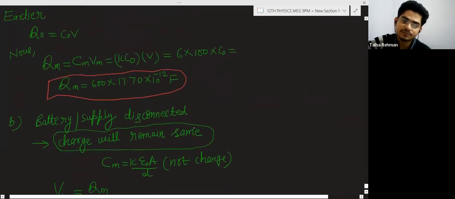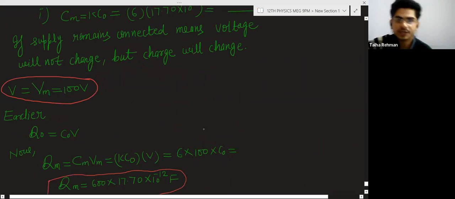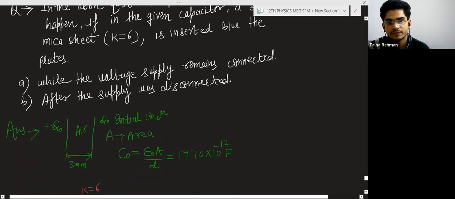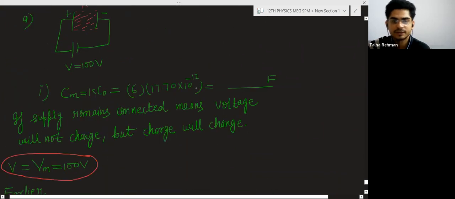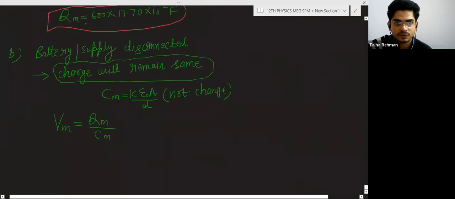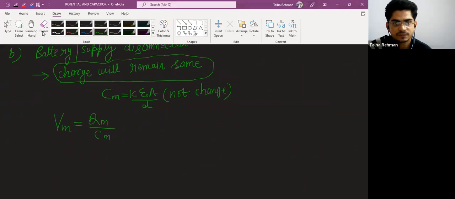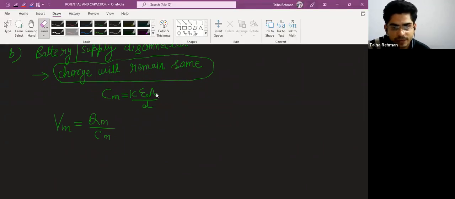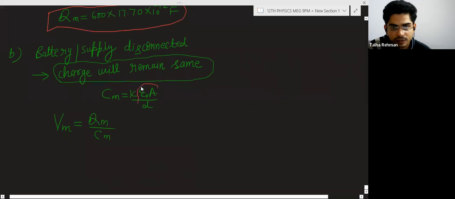Capacitance is changing because we are introducing a dielectric here, so capacitance will increase. This whole thing will be multiplied by K, and K is 6, so Cm will increase.